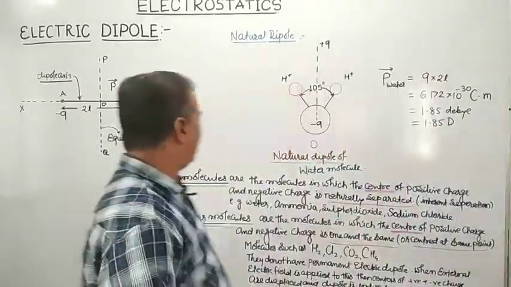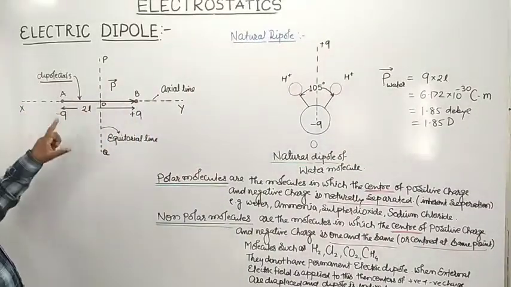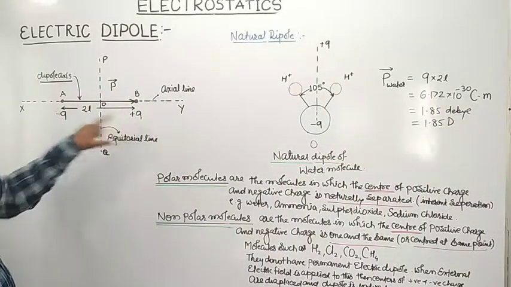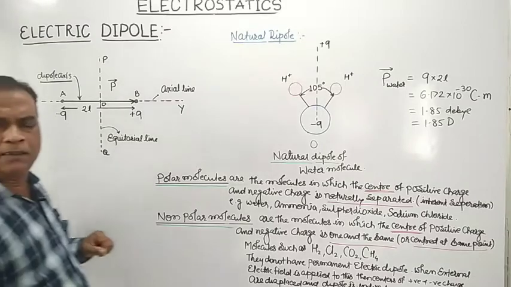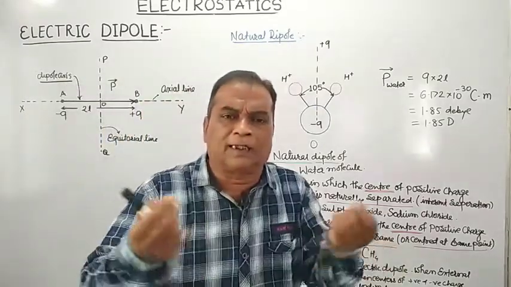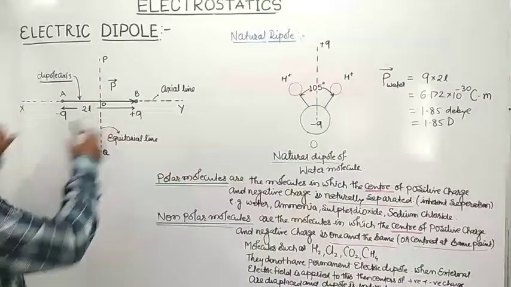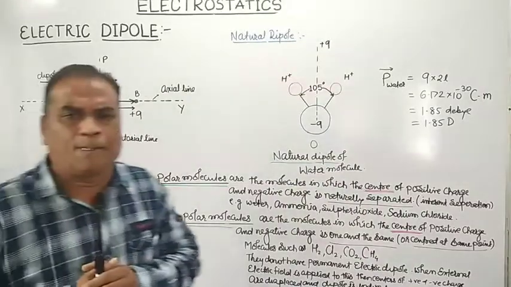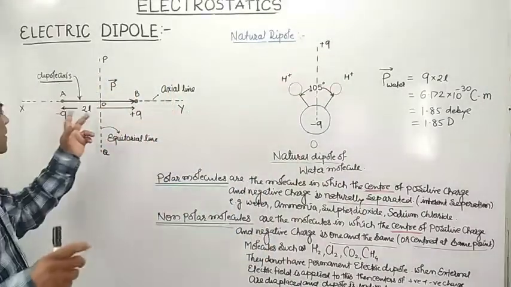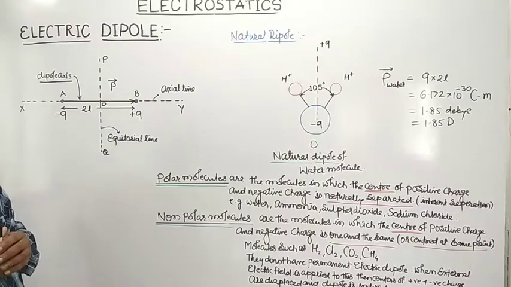I had already shown a diagram where plus q and minus q are the two charges, equal in magnitude but opposite in polarity, separated by some finite distance 2L.